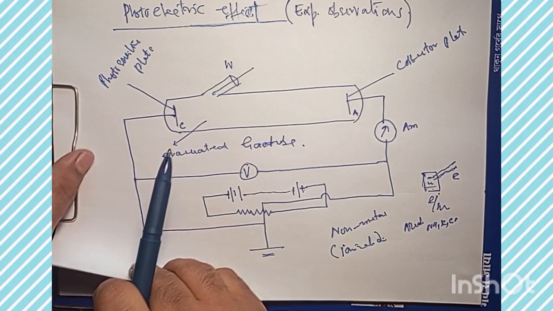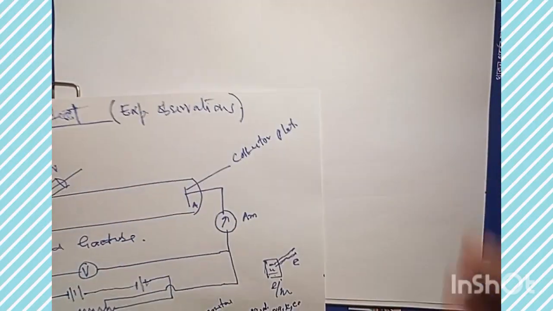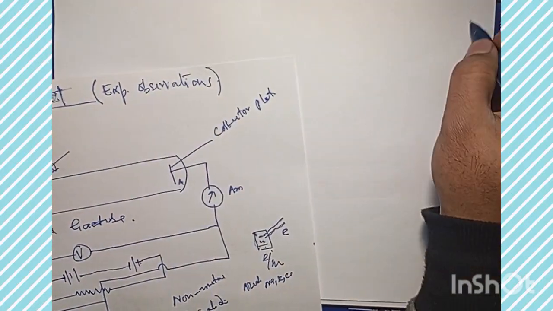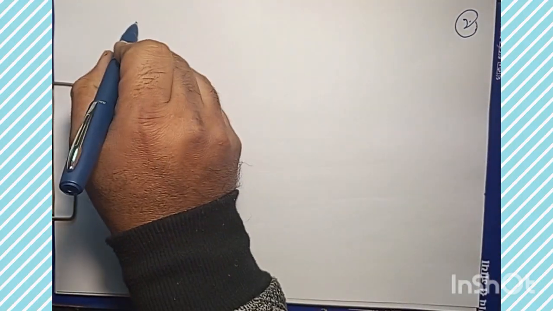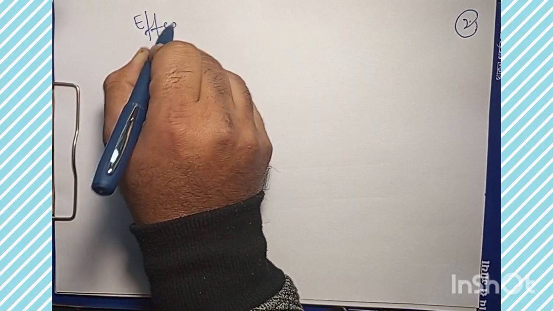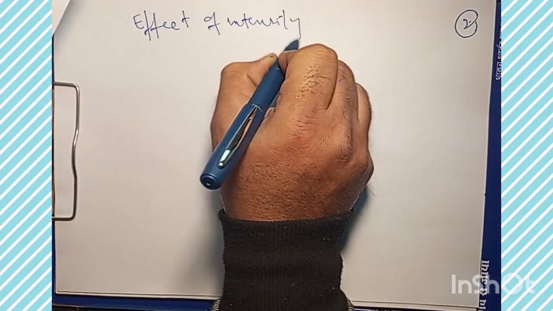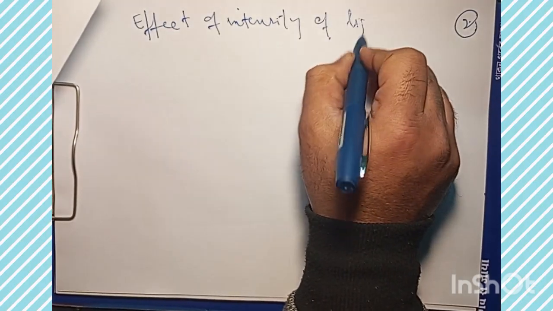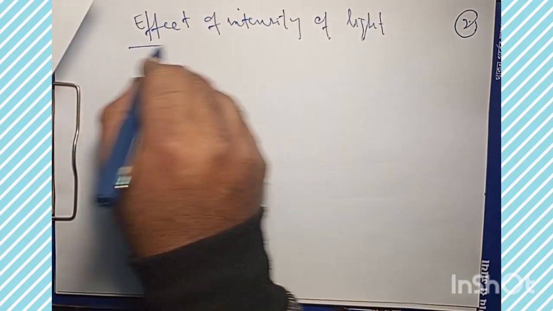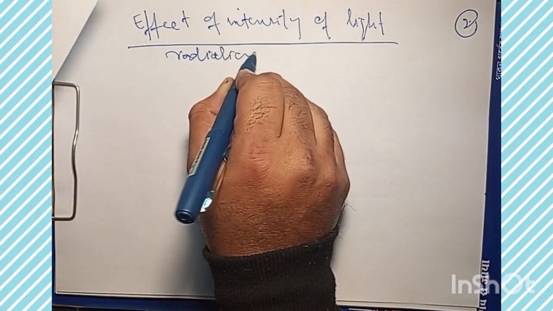that can be measured using this emitter. Now, the very first important thing that we observe from this experiment is the effect of intensity of light, or I should say light radiations.